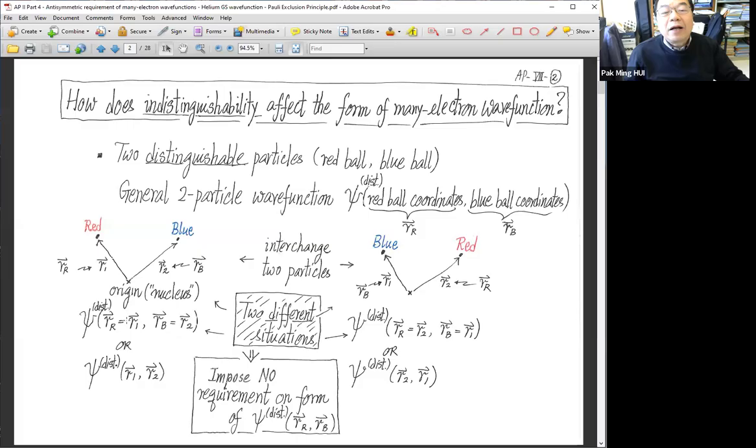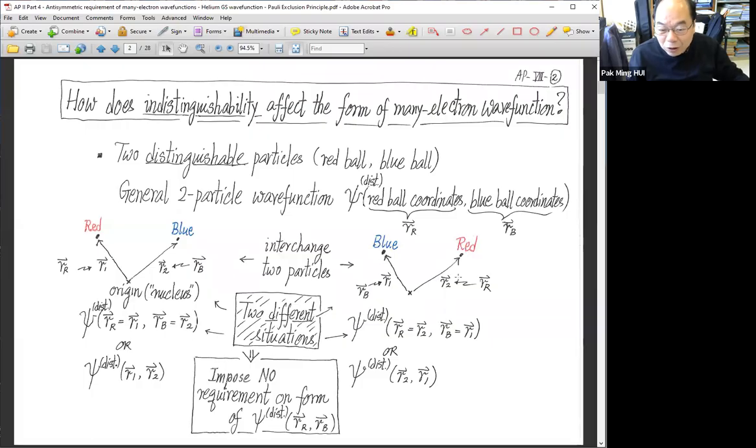Now, let's consider that I interchange the two particles' coordinates. What does it mean? Let's consider the blue goes to here and it takes on R1, okay? That is to say, the second entry is R1, and then the red becomes here, interchanged, and it takes on R2.